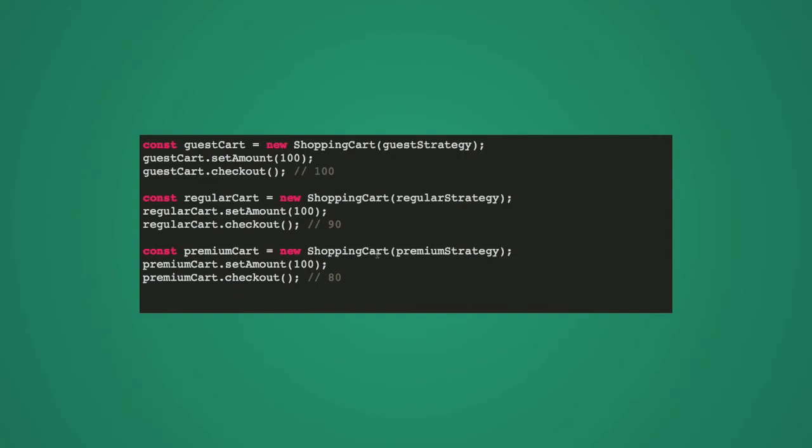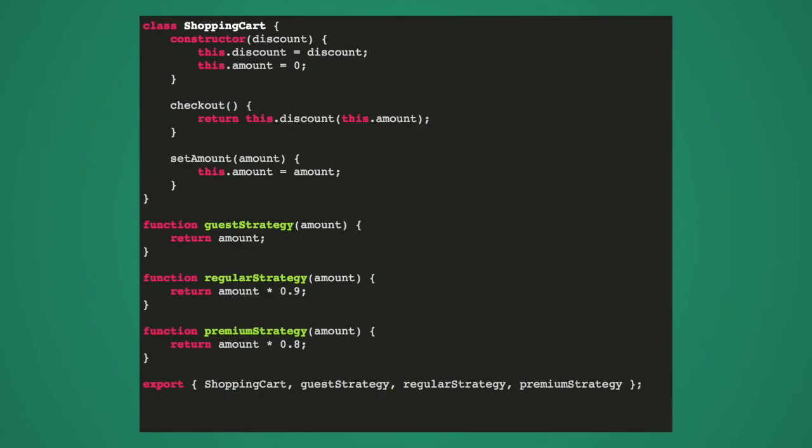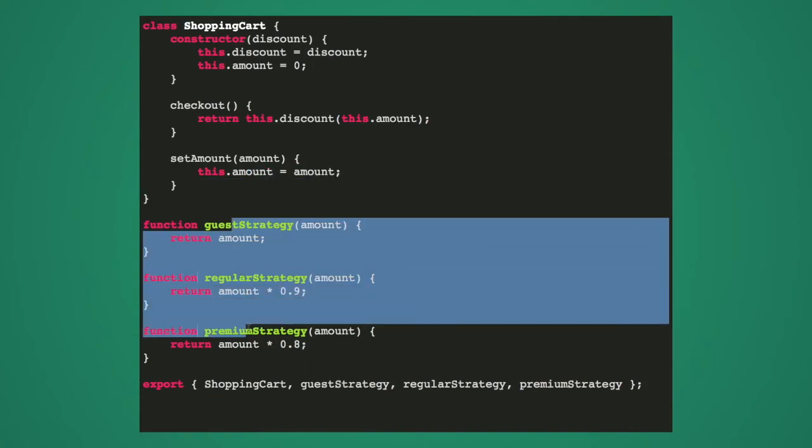You have a strategy for the guest, a strategy for the regular users, and a strategy for the premium users. Let's look at how it's implemented. So the shopping cart expects something called a discount strategy, and it saves this as a member variable, okay? Initially it has zero euros because you didn't buy anything yet. So it has a setAmount method, which we would call after we add items to your shopping cart, and it updates the amount.